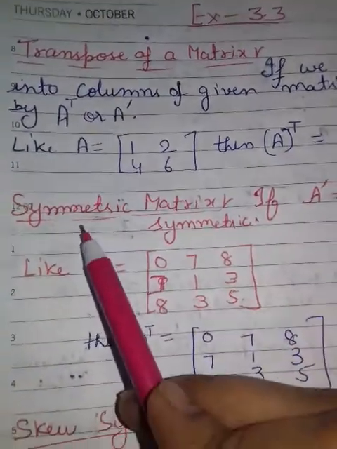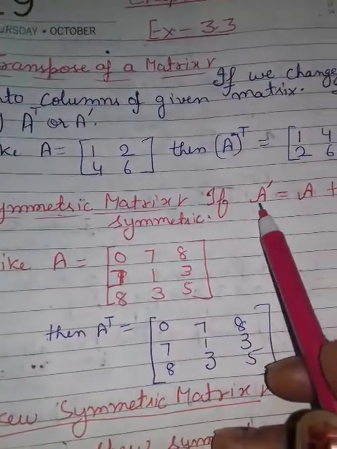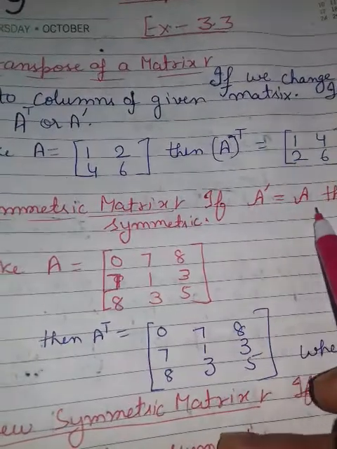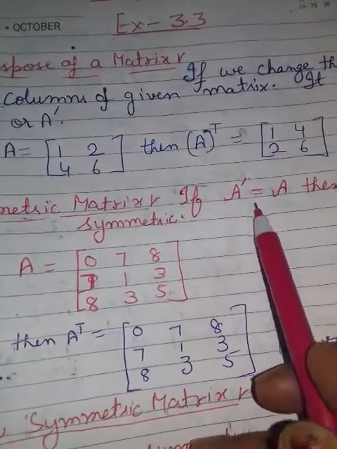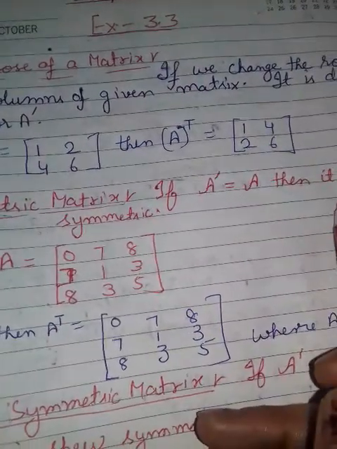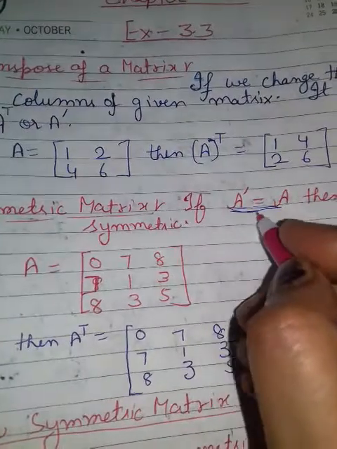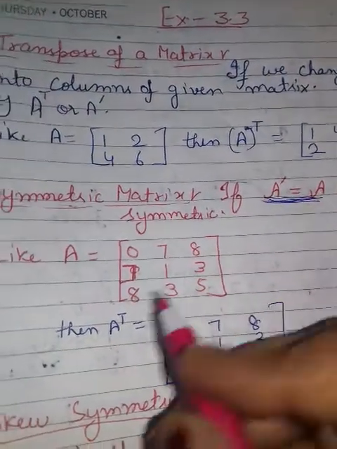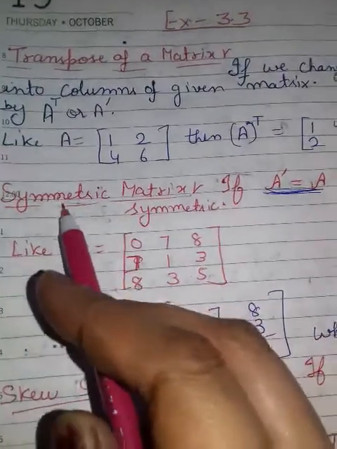Clear? Next is symmetric matrix. A symmetric matrix is one where A transpose is equal to A. If we change the rows into columns and it remains the same after that, it is known as a symmetric matrix. Remember this: A transpose is equal to A. Like A is given to you, you have to find whether it is symmetric or not.